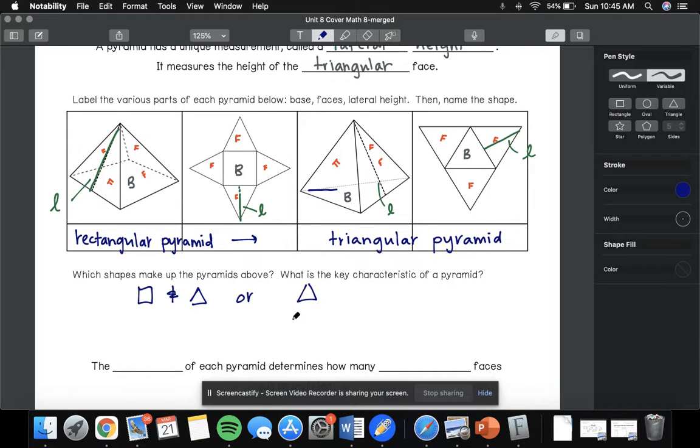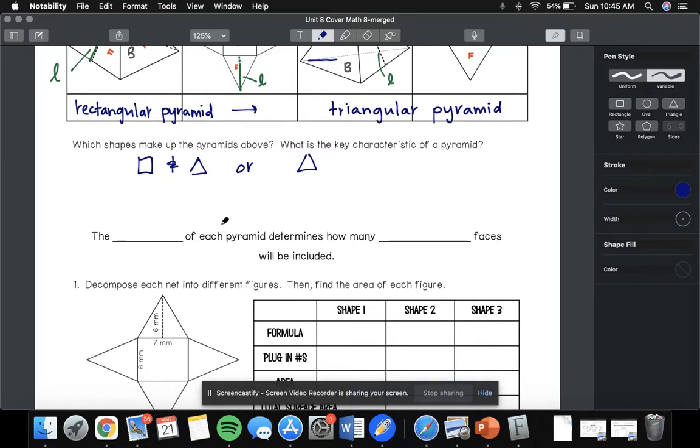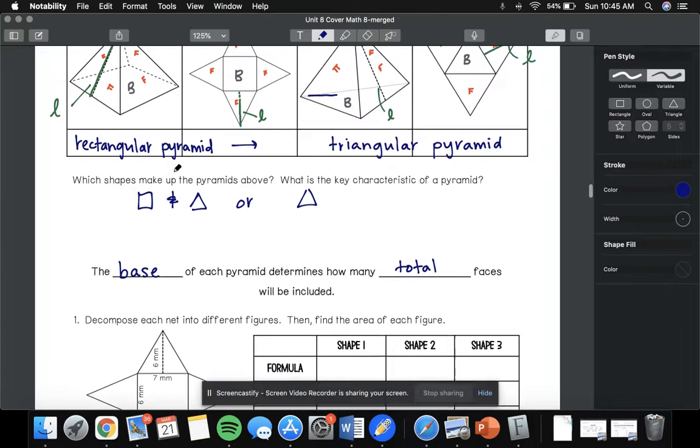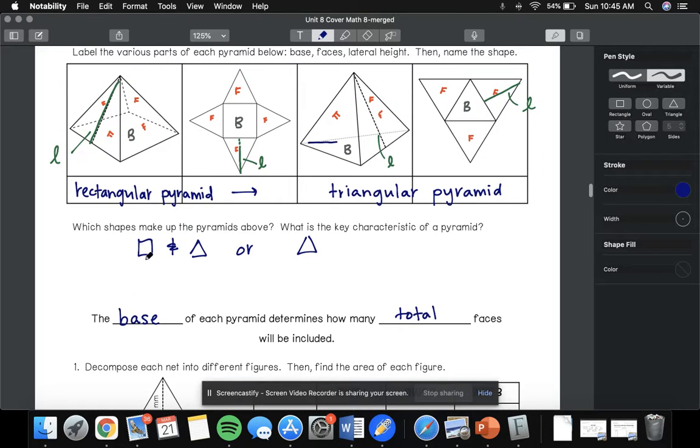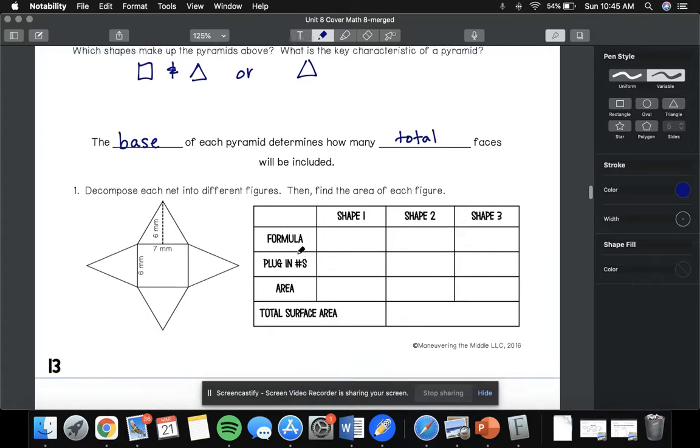The base of a pyramid, the bottom, is going to determine how many total faces would be included. If you have a rectangle at the bottom, you would have four sides that come to a point. If you had a triangle at the bottom, you would have three faces that come to a point.